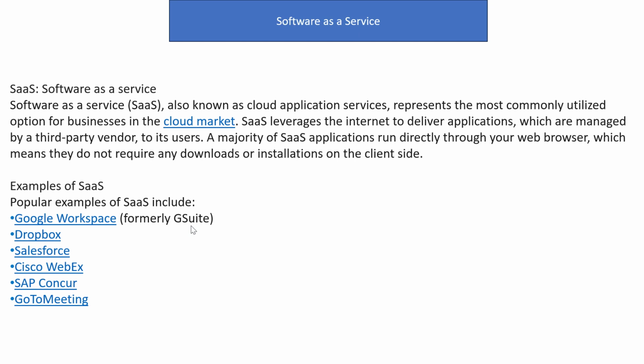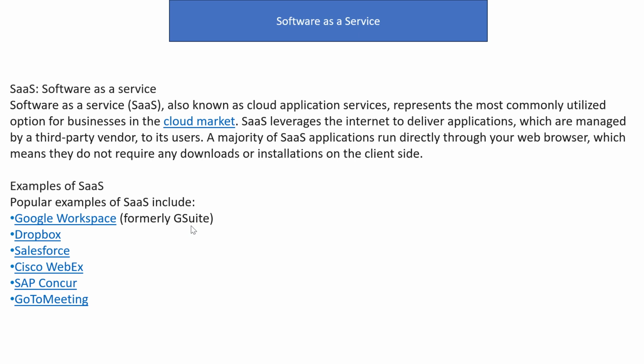There are many applications which are software as a service. The meeting which we are using now is also software as a service. What application are we using for our meeting now? GoToMeeting, right? It is also one of the software as a service.